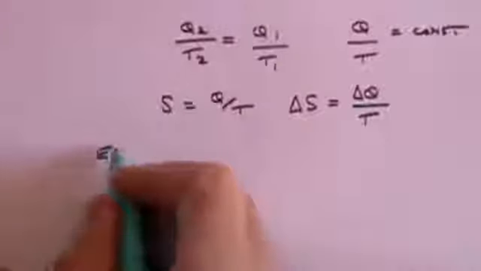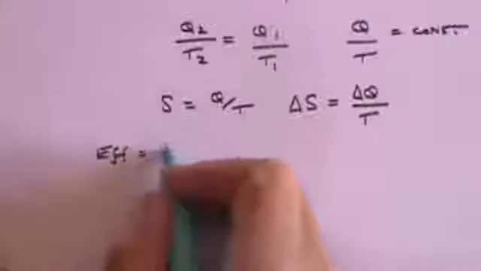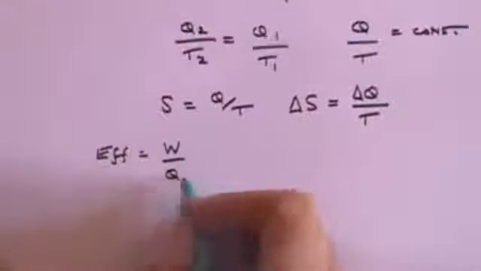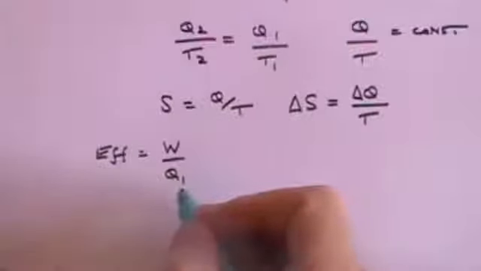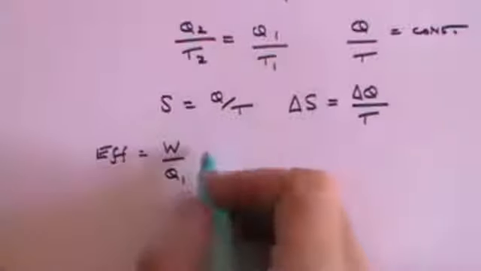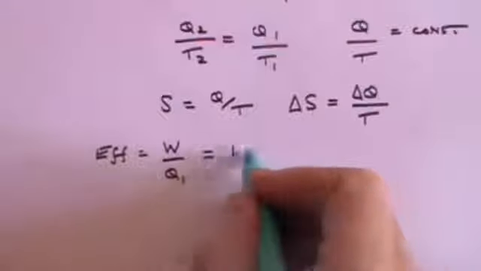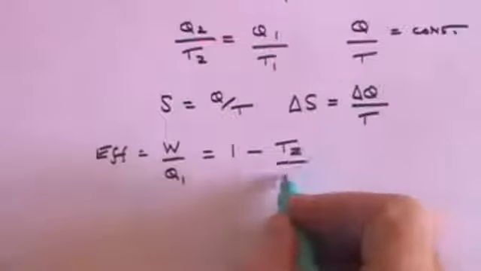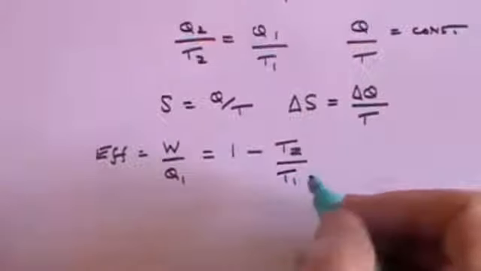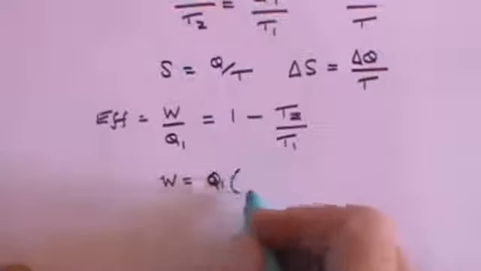Now, we defined efficiency as the work out divided by the heat in, work divided by Q1. And we've just shown that that is the same as 1 minus T2 over T1. And from that you can see that work is equal to Q1 into 1 minus T2 over T1.